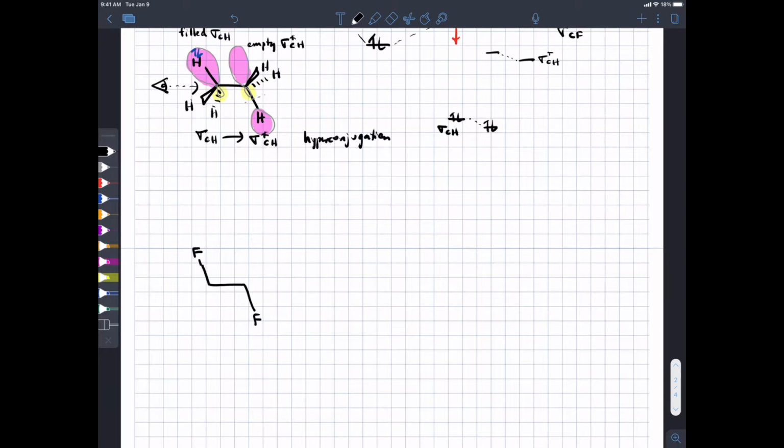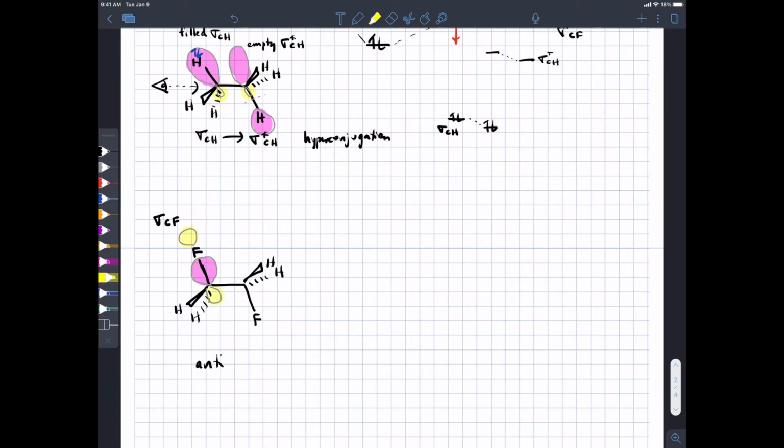So, imagine we start in the anti-conformation, which I've already told you is not as stable. Let's draw the carbon-fluorine sigma bonding orbital. And we'll do this with sort of a large lobe here, smaller lobes on the outside, and have this be pink.